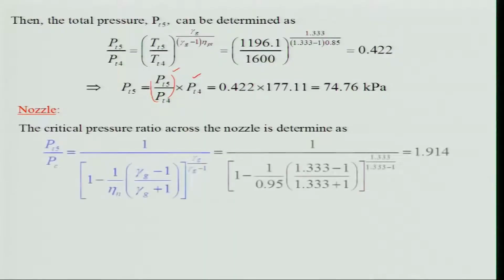We will use this expression which we derived in the last lecture: Pt5 divided by Pc is equal to 1 over the bracket 1 minus 1 over eta n times the bracket gamma z minus 1 divided by gamma z plus 1, then the whole bracket to the power gamma z divided by gamma z minus 1. If I put the values, this happens to be 1.914. Of course, it may vary a little bit depending on the efficiency of the nozzle.